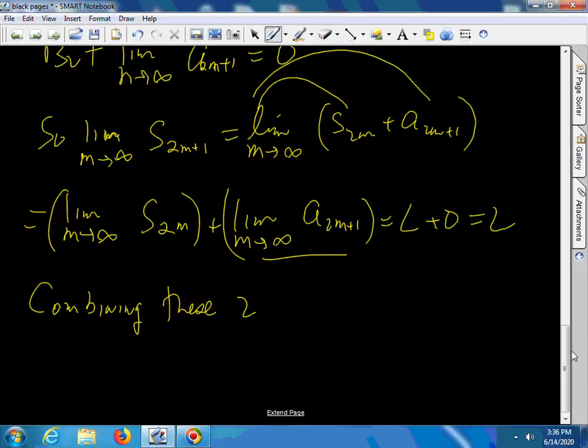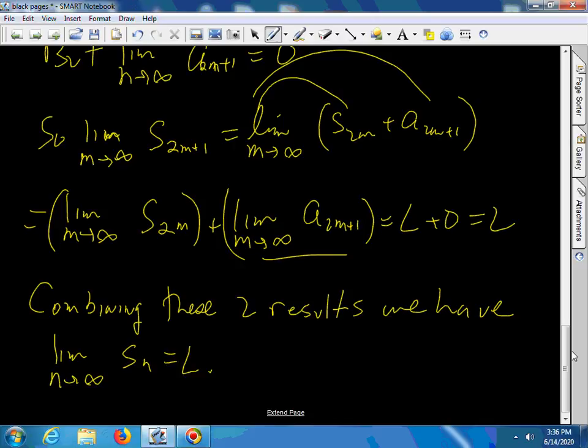Combining these two results, we have that the limit as n goes to infinity of s sub n, whether n is even or odd, is equal to L. And that's exactly what we wanted to show. We wanted to show that it converges.